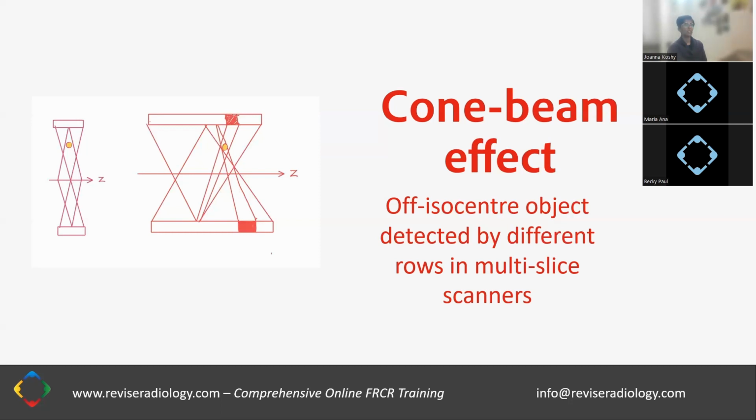When these projections are combined together to make the image, we'll get some artifacts in the image. This artifact is known as the cone beam effect, and it happens when an off isocenter object is detected by different rows in a multi-slice scanner.